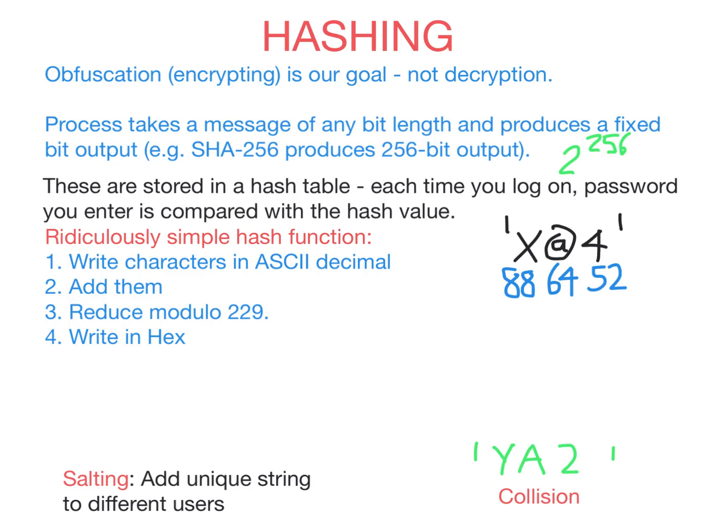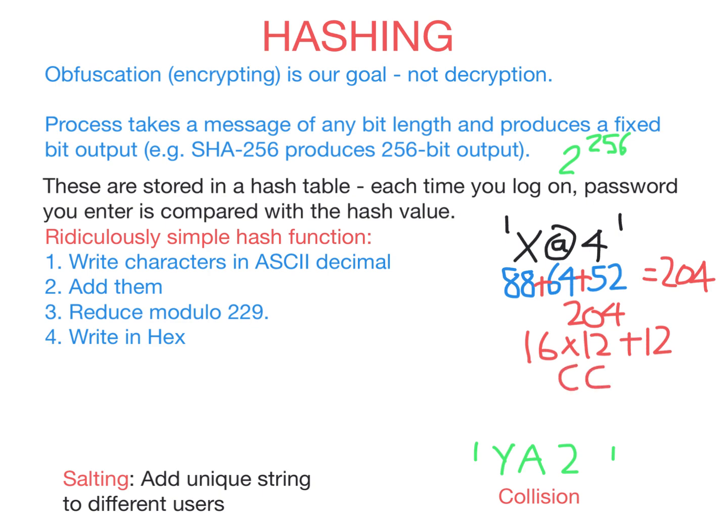What we're going to do with this hash function is add up these numbers. When we do that, we get 204. And then we're going to reduce modulo 229. Well, that's actually 204 again. Writing that in hex, it's 16 times 12 plus 12. 12 is represented by C. This will be CC in hex.